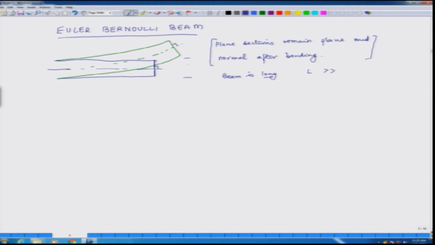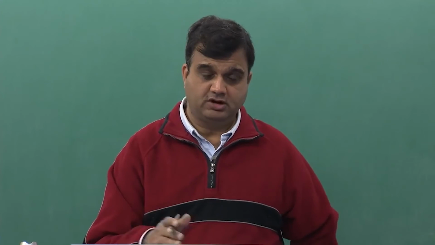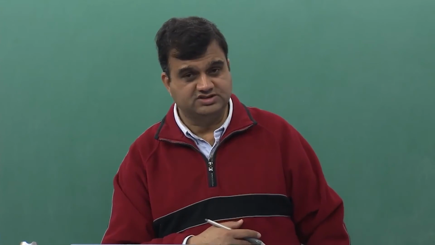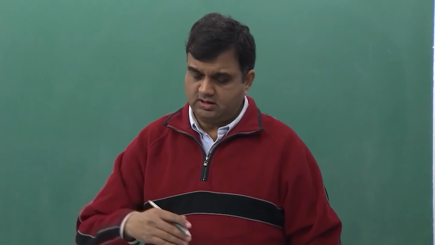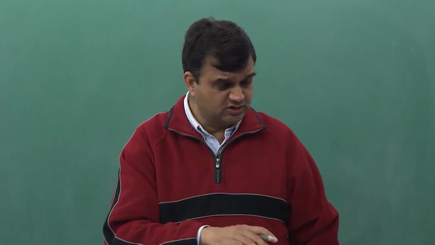So, let us say the overall thickness is some T, then the length is very large compared to T. For short beams or thicker beams, this may not be true. Then the Euler-Bernoulli assumption that plane sections remain plane and also normal may not necessarily be true. So, in the last lecture we will discuss a little bit about those beams also.